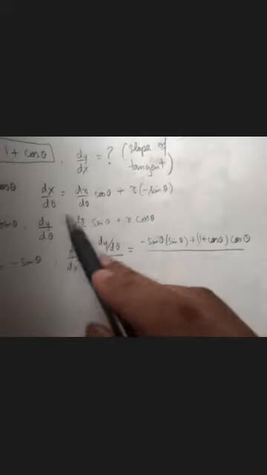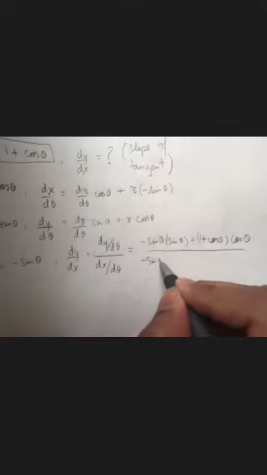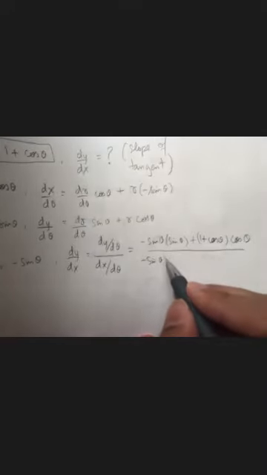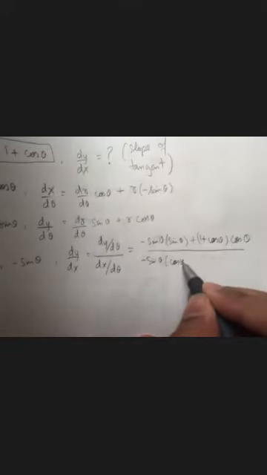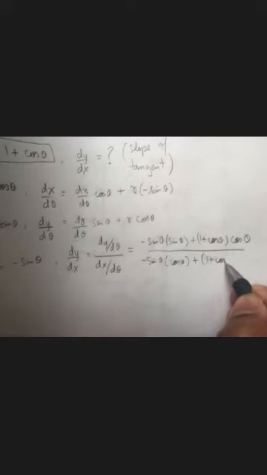And dx over d theta is dr over d theta, which is negative sine theta times cos theta plus r times negative sine. So this is the numerator and this is the denominator.